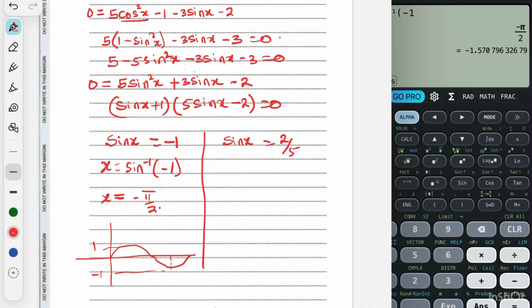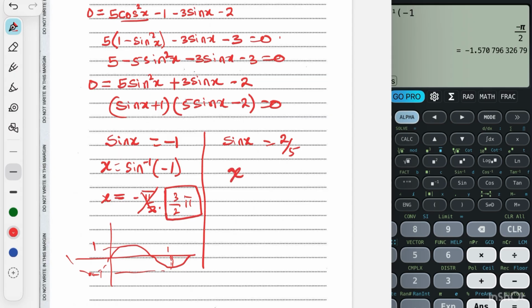But we need another value. So this value is not there. Actually, it's on the left. So another value that will give me minus 1 is 1.5 pi. So my answer is 3 over 2 pi. So this is my answer for this side.